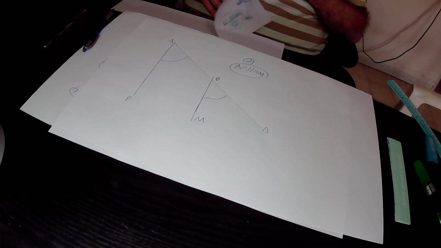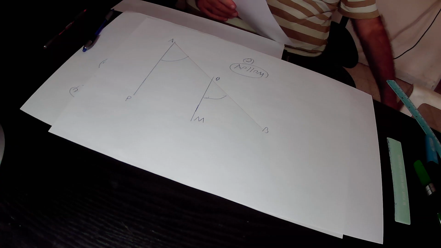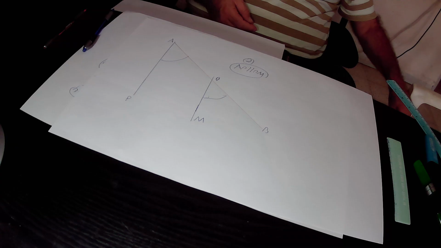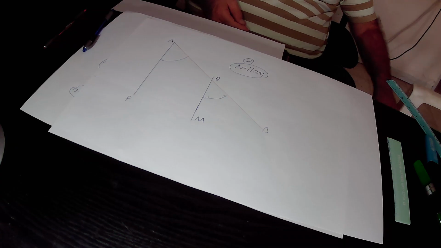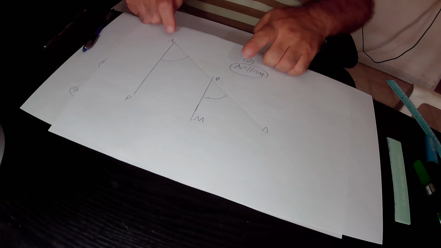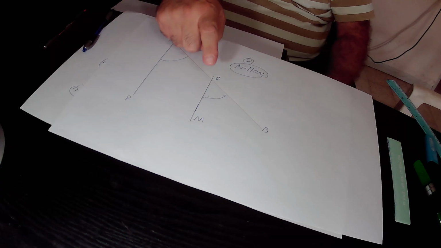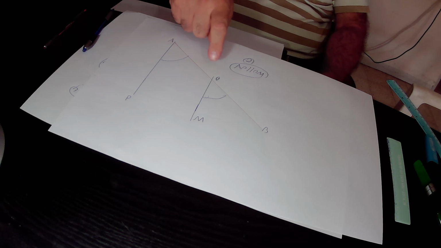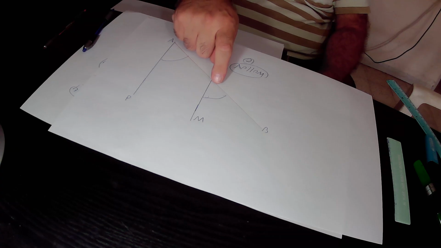So if we implement all 50 in our drawing, those two corresponding angles are located between the parallel lines AP and OM, and therefore they are equal to each other in size. So if you define the size of this angle as beta, then the size of this angle must also be equal to beta.